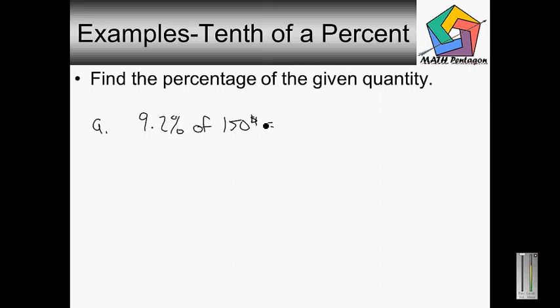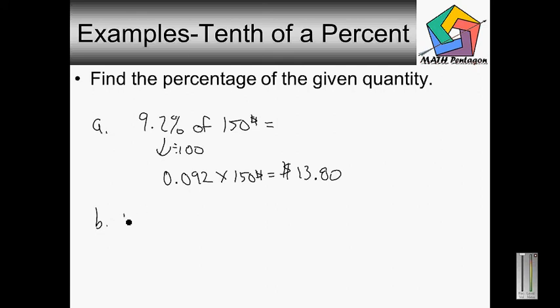I want to convert this percentage to a decimal, and what I would do is divide by 100 first, which would give me 0.092, and the "of" stands for times $150, and that would give me 13.80.